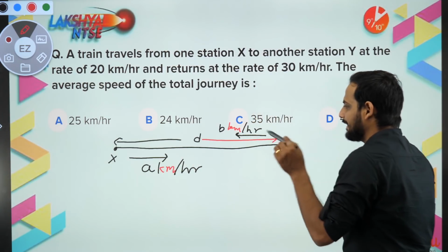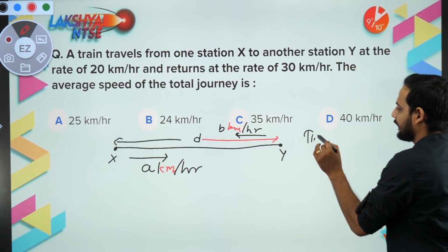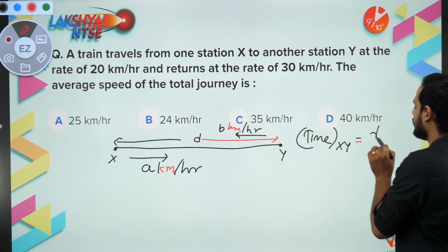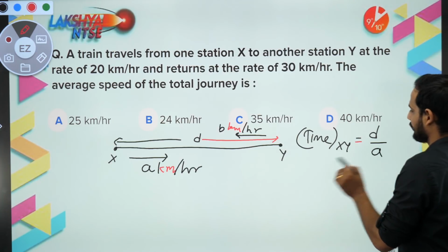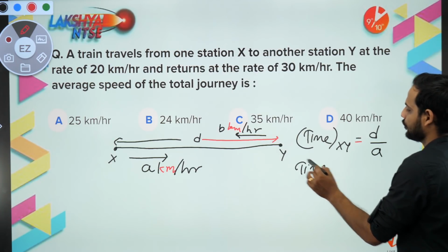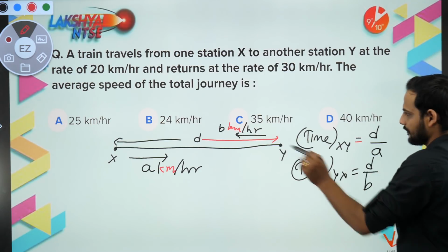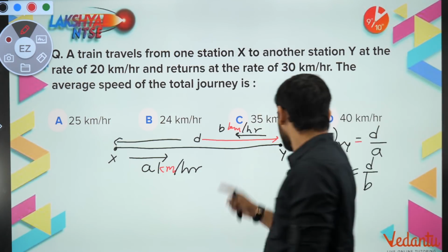So time taken from moving from X to Y will be distance, which is D only, upon speed, which is A. And time taken to move from Y to X, the distance is D and speed is B km per hour. Correct? So this is the time.